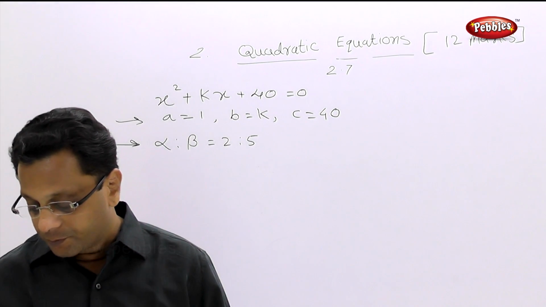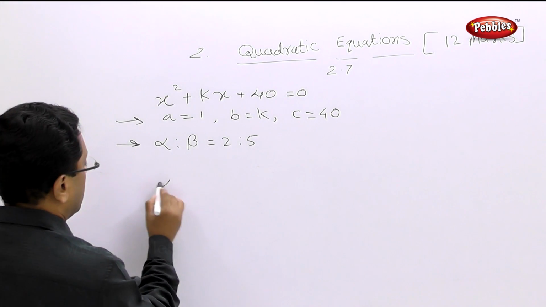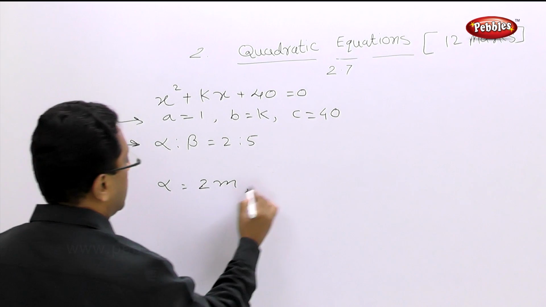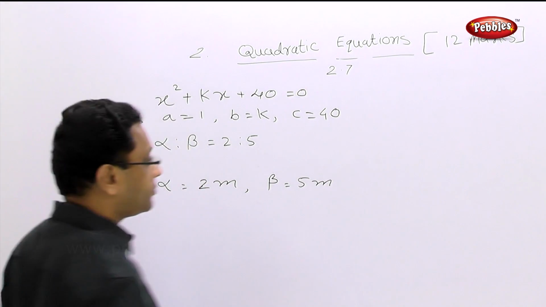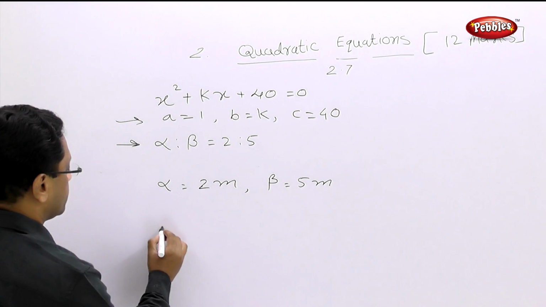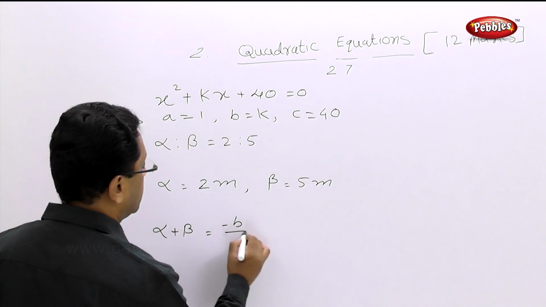So let us proceed. So we will take that alpha is equal to 2m and beta is equal to 5m. Now as we know, alpha plus beta is equal to minus b upon a.